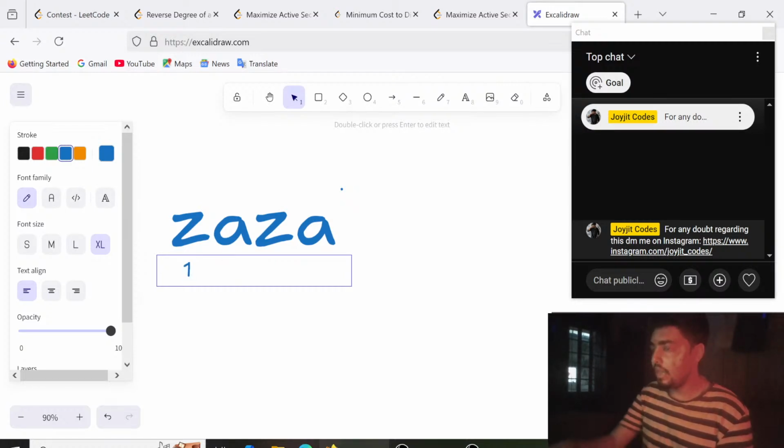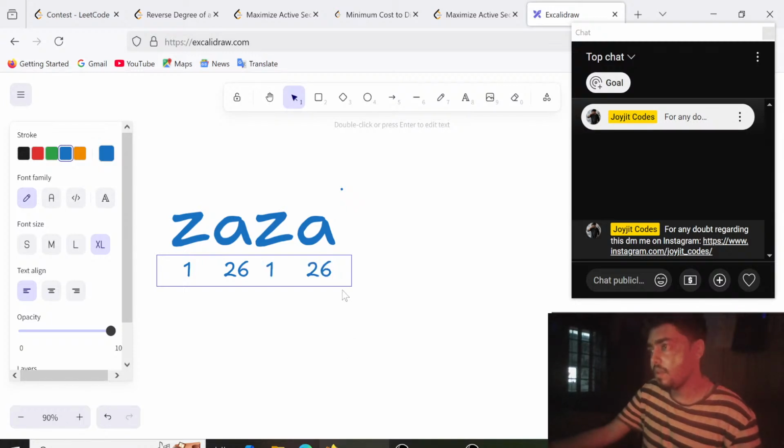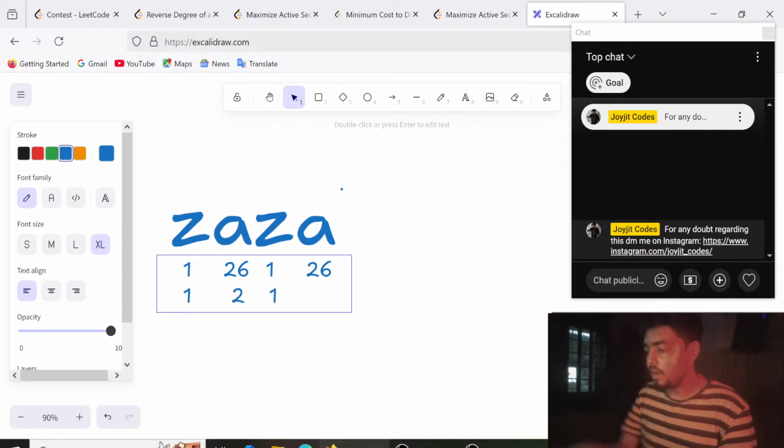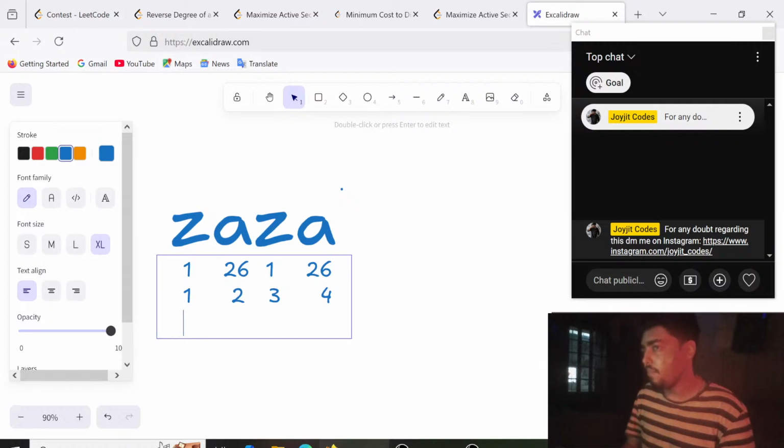The value of a is 26 because it is in the reverse order. The value of z again is 1, and this a is 26. Now this is in position 1, this is position 2, third position, fourth position. So we are going to multiply all of them.